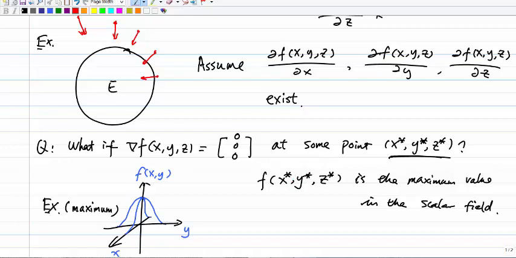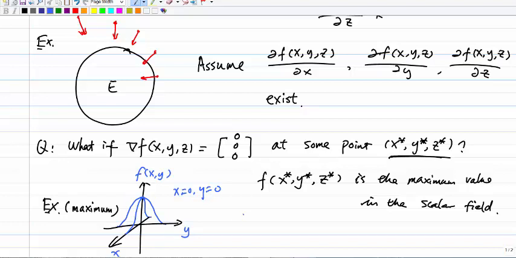Here I'm giving an example in 2D only, though you can also do 3D. When x is 0 and y is 0, you reach the maximum point. This is the maximum value you can reach.